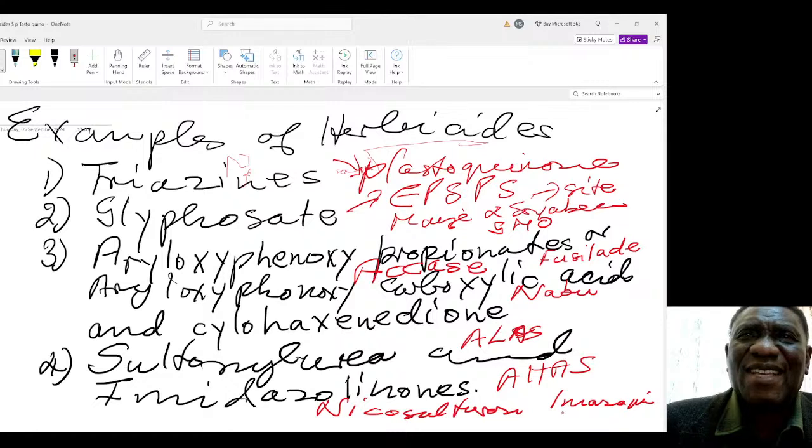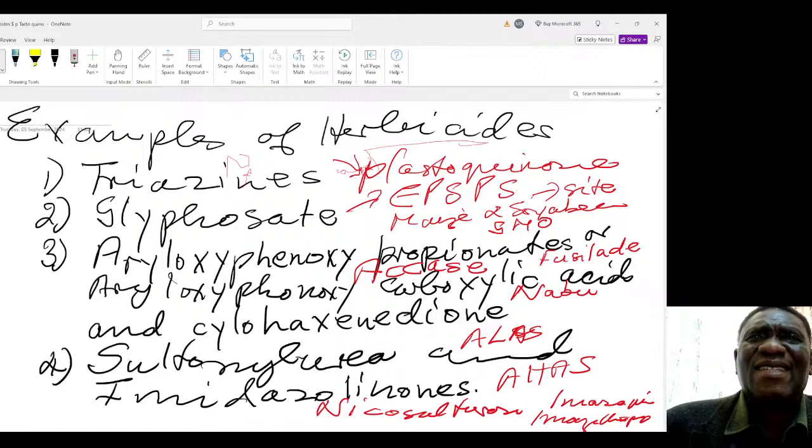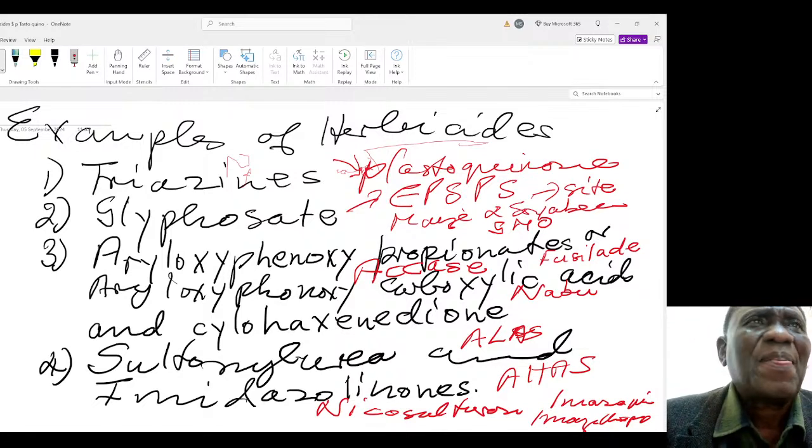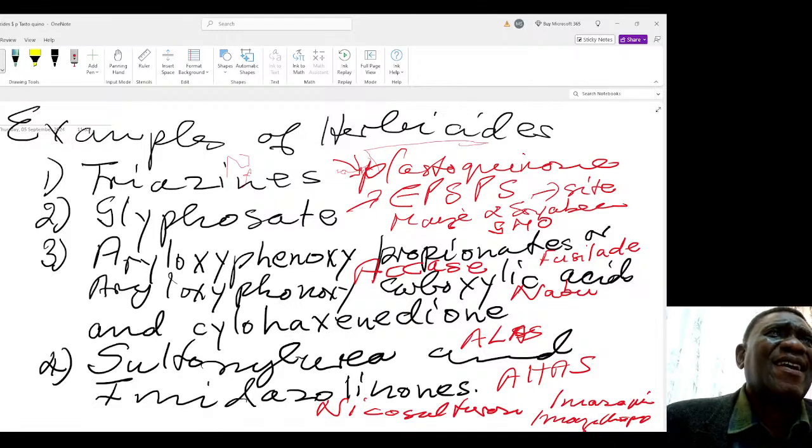There's also imazethapyr, which is also a grass killer in groundnuts. So probably what you need to remember is that for these herbicide families, the principle of selectivity is based on the enzyme. That is the issue here.